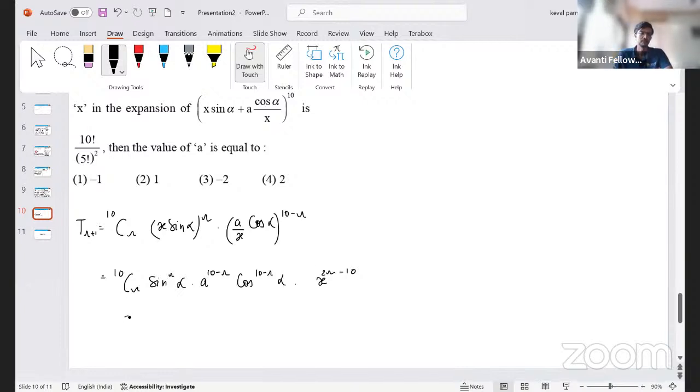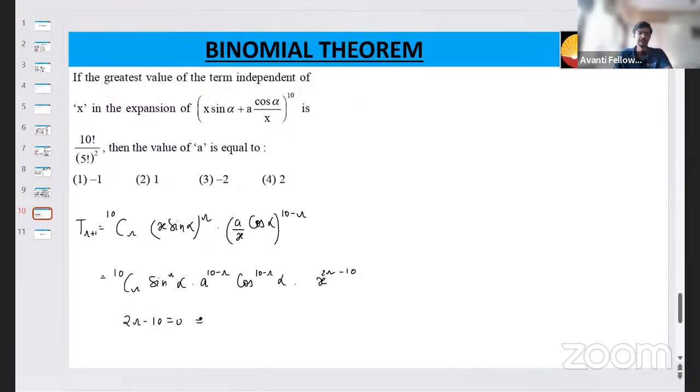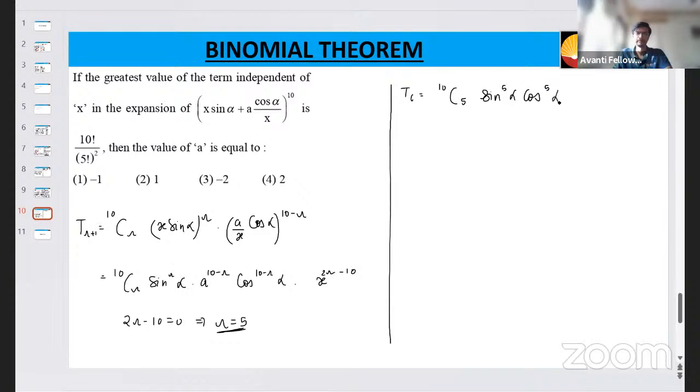Correct? So x raised to the power r minus 10 plus r. Term independent of x. So 2r minus 10 should be equals to 0, implies r is 5. So T6 is T5 plus 1, sine raised to the power 5 alpha cos raised to the power 5 alpha a raised to the power 5. Greatest value के लिए sin and cos की वैल्यू चाहिए, तो we have to group them together.